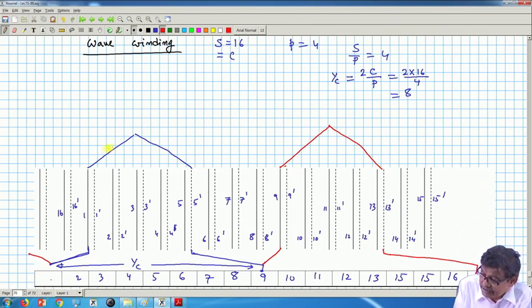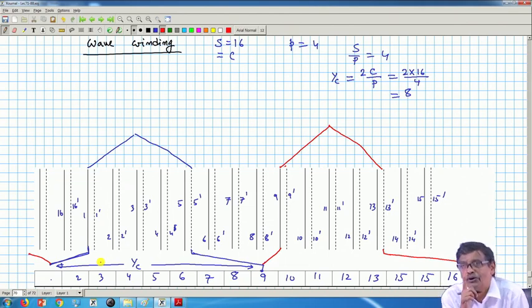So, after tracing 2 coils, you have finished. Winding is closed. Therefore, you see, in case of lap winding, the number of coils between 2 consecutive commutator segments is always 1.